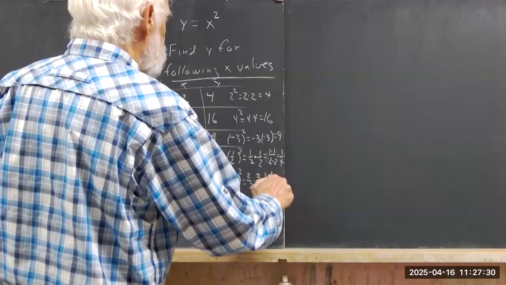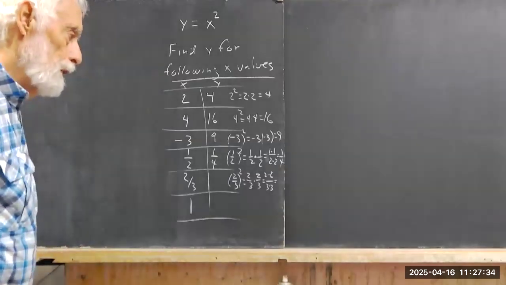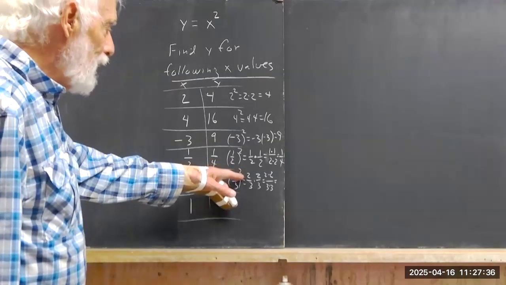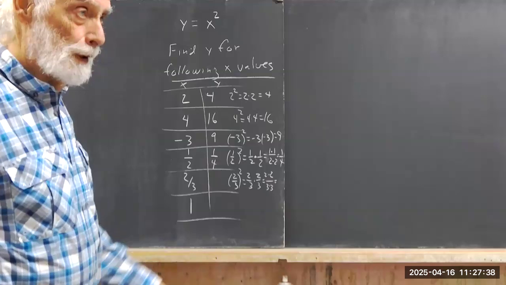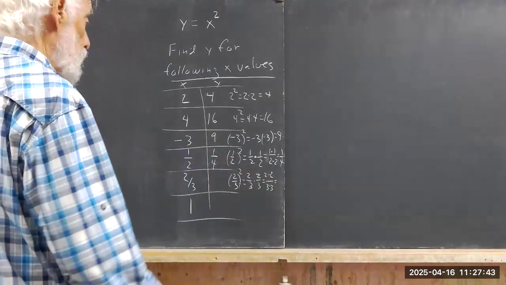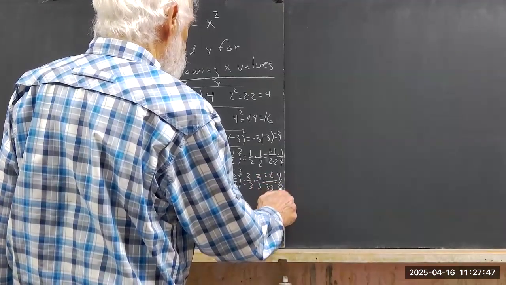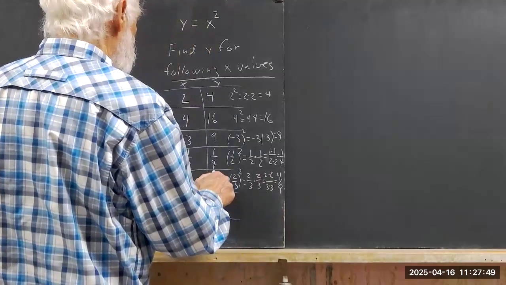If you take the time to write 2 times 2 over 3 times 3, you're going to be less likely in the future to not multiply your numerators and your denominators. Okay? This reinforces that you multiply the numerators and denominators. I recommend that you write that out. So that's 4/9.